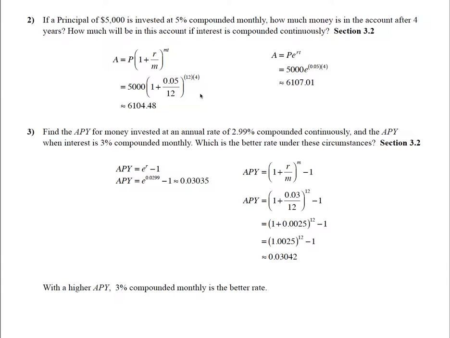And to do that, you might start with some parentheses around the 1 plus 0.05 over 12, and then use the little caret or the EXP key, depending upon what kind of calculator you have. And in the exponent, enter 48.